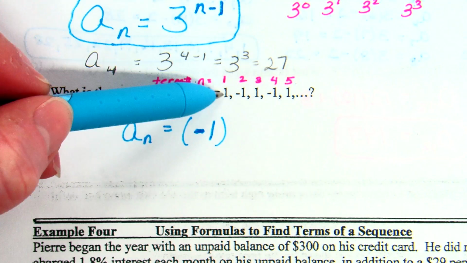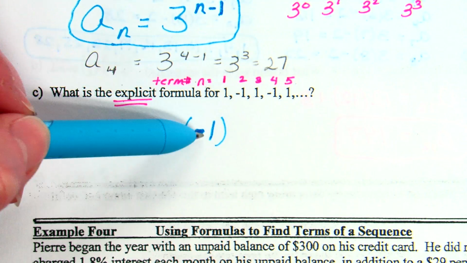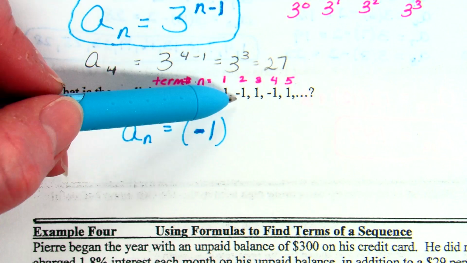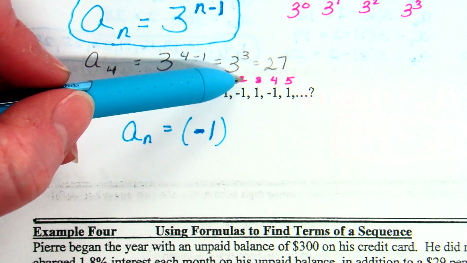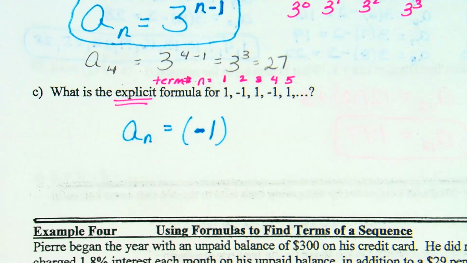Negative 1 to the positive second, no, because that would give you positive 1, wouldn't it? Okay, thoughts? How do I change this up and make this work? Because if I just put it in as is, negative 1 to the n, I'm always going to get the opposite of what I need. Are you catching that? I'm always going to get the other number.